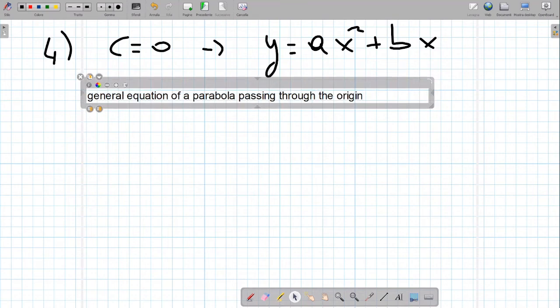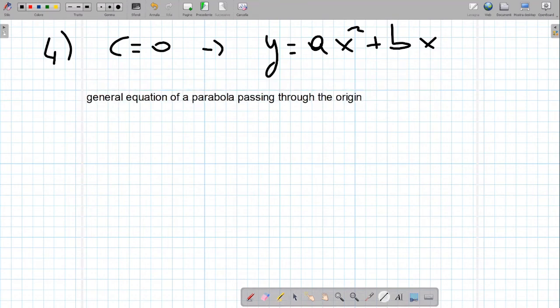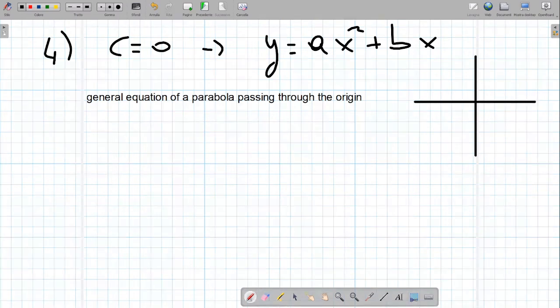Okay, so I can just make also a sketch here, and it can be something like that, for example. And so c is the intercept at the origin. Okay, we can just see that c represents exactly that point, for all the parables.